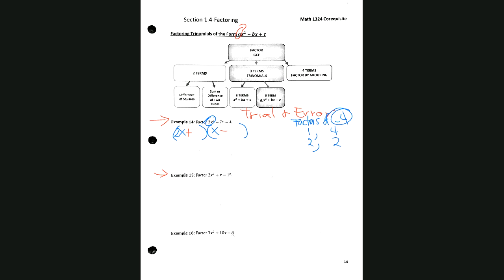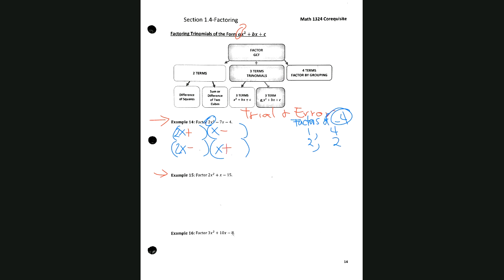However, we don't know if we're going to use 1 and 4 or 2 and 2. So I'm going to make two combinations. So that will be 2x and x, and then our signs, we're going to switch them. Actually, we're going to put negative here and we're going to put positive here.